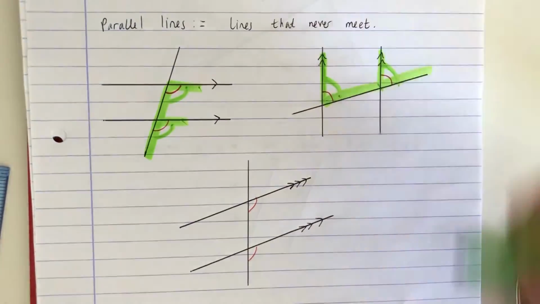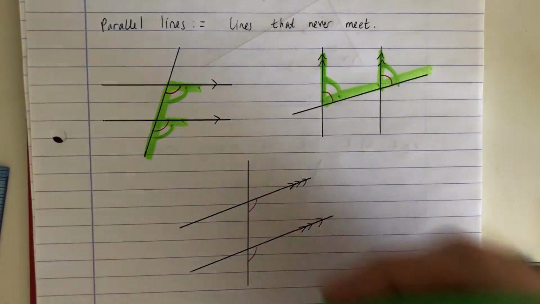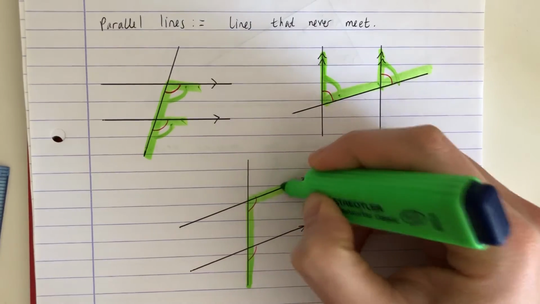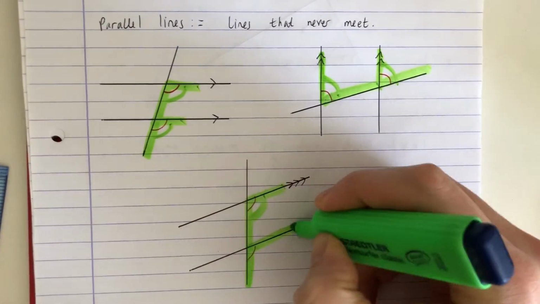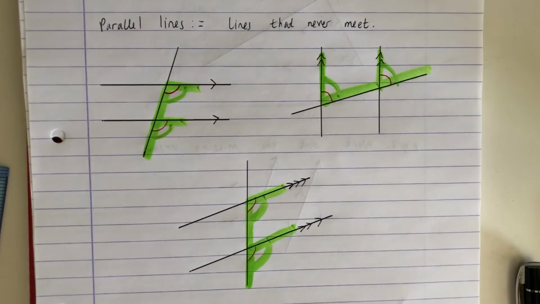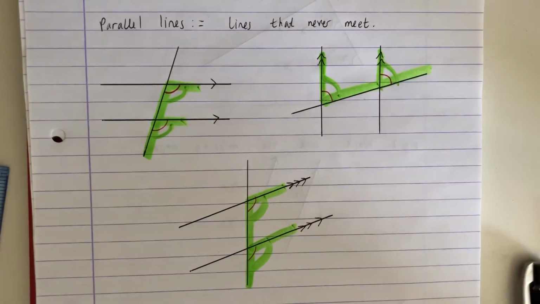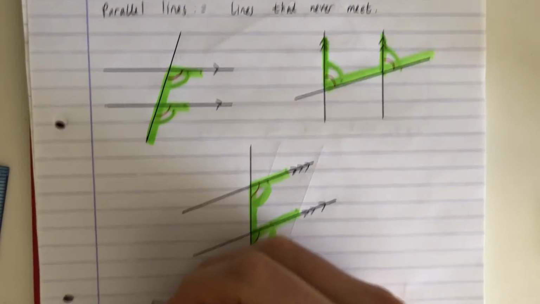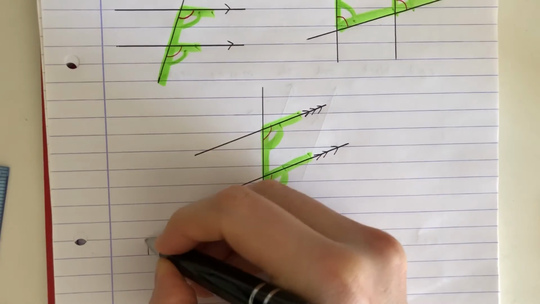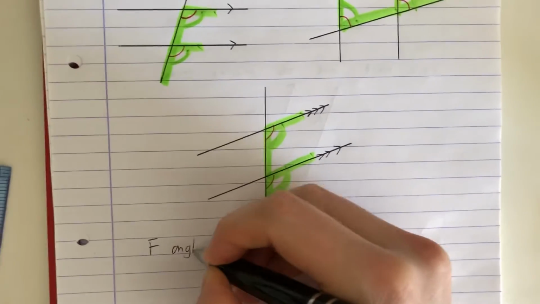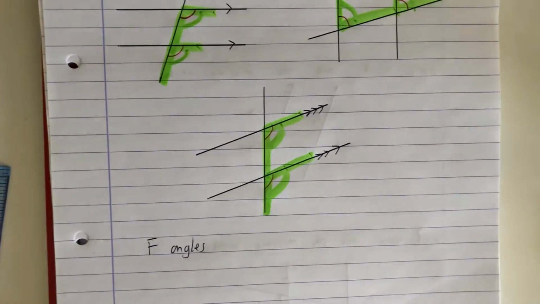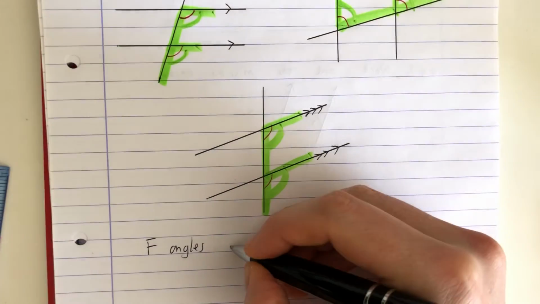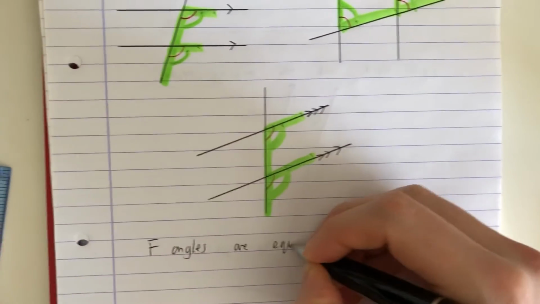That angle produces an F. And this third one, again, produces an F. And this shape, which some people call an F angle, in parallel lines, F angles are equal to each other.